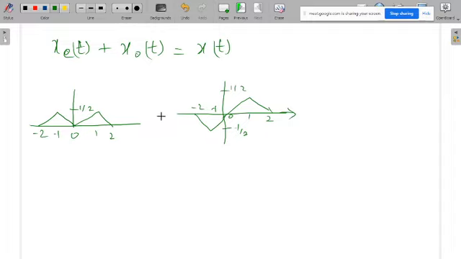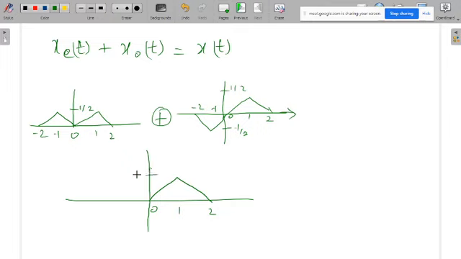Now what will happen if you add these two? You'll get the diagram like this. If you add, the left side is positive and the same is available negative, so this will cancel. You will only get that triangle on the positive side, again from 0 to 2, but the amplitude in this case will be 1, because 1 by 2 plus 1 by 2 is 1.